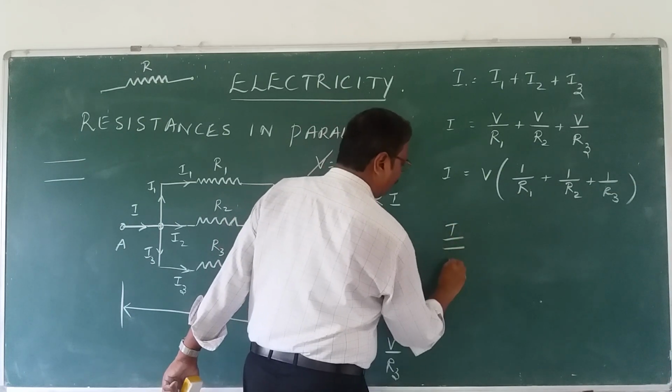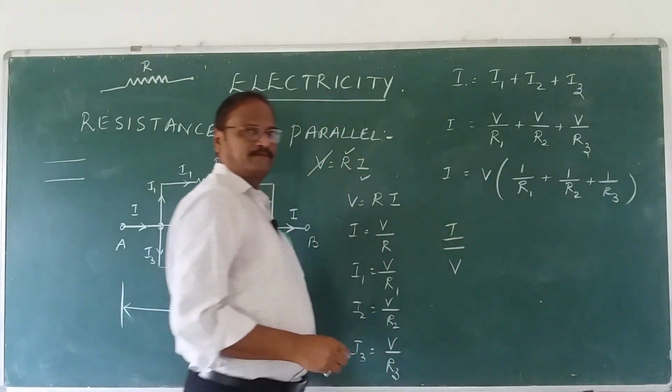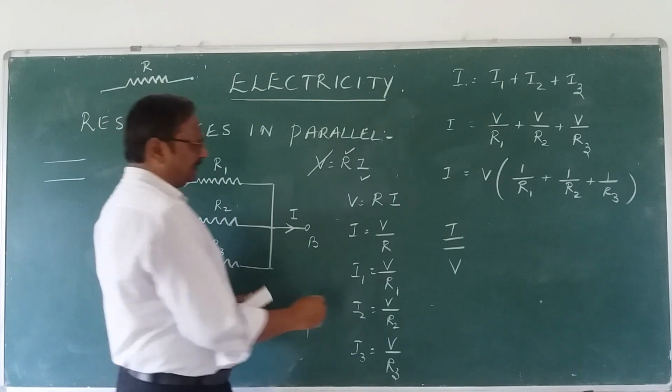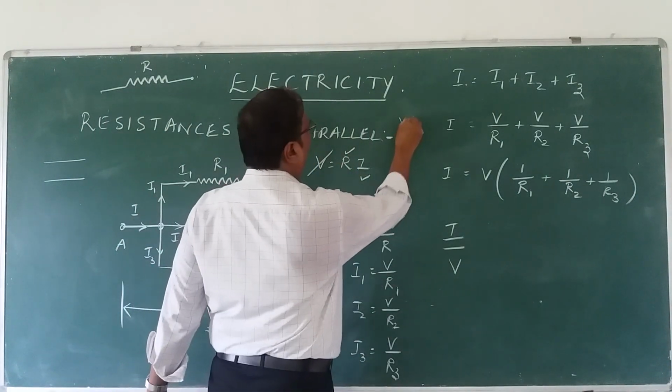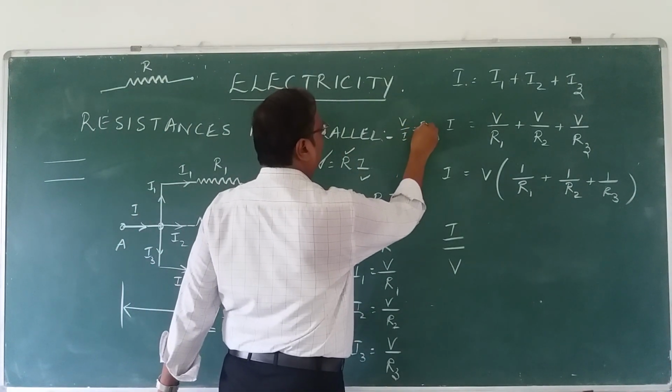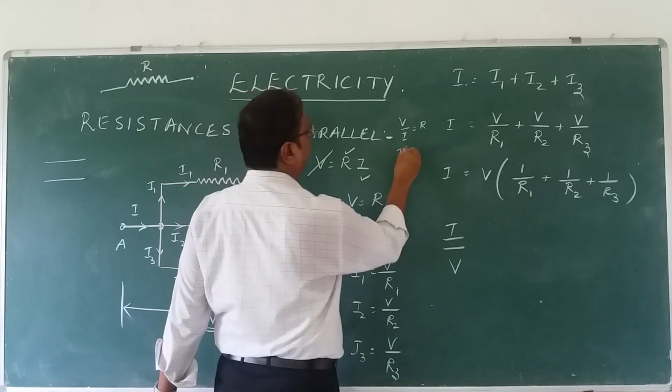So, I upon V, I bring V down. We know that V upon I is equal to R. What will be I upon V?